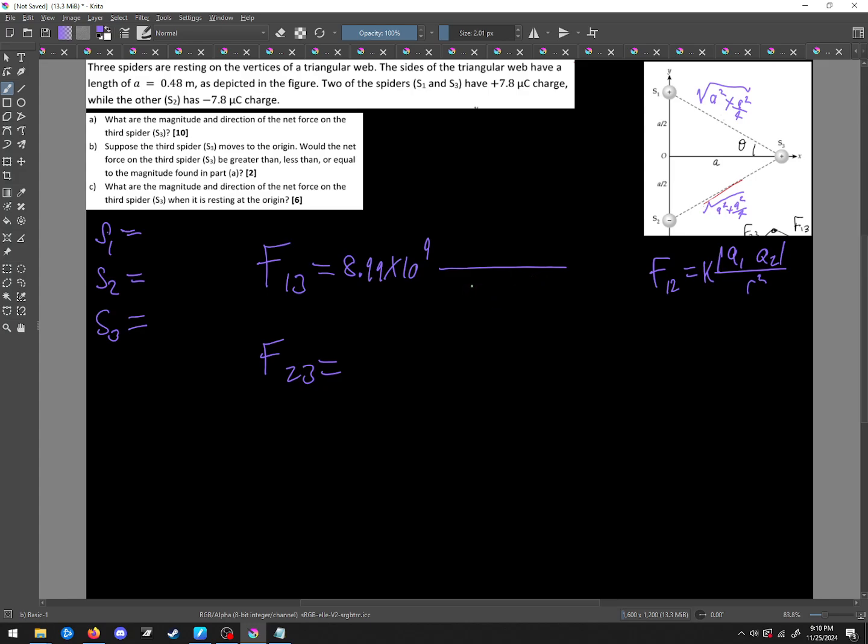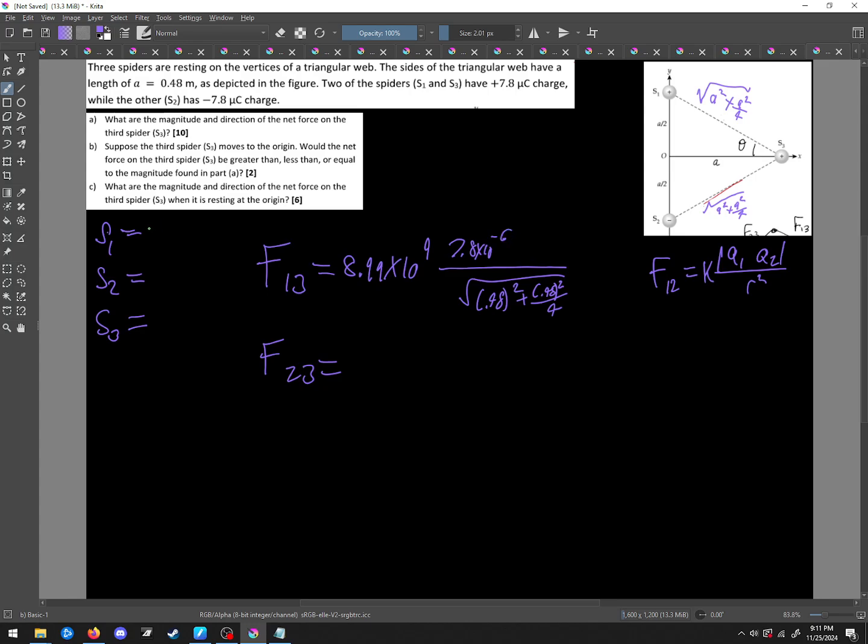And this is going to be the square root of 0.48 squared plus 0.48 squared over 4. And at the top, we're going to have Q1 and Q2, which is going to be 7.8 times 10 to the negative. Ooh. Let's see, what is micro? Micro is going to be equal to times 10 to the negative 6.